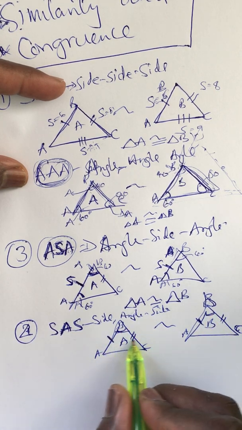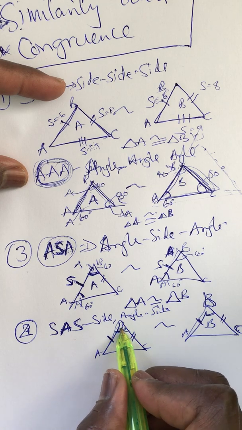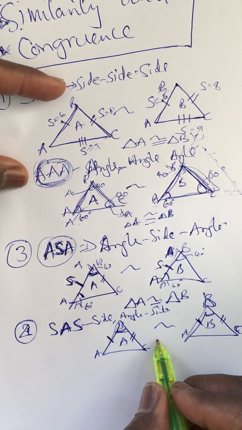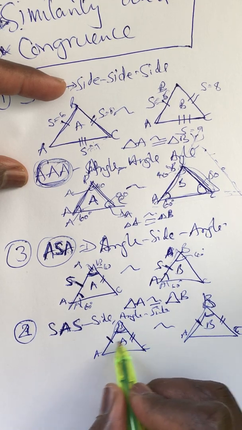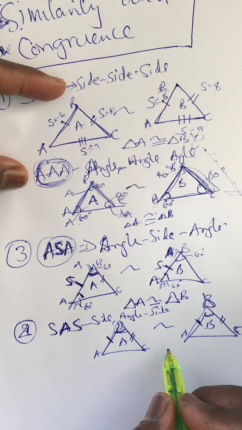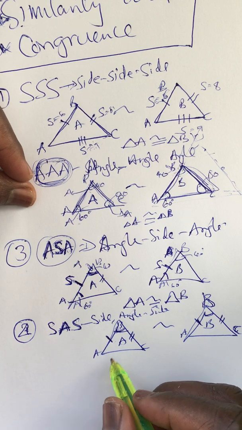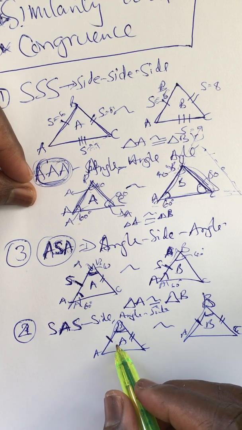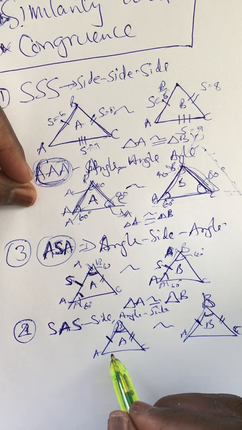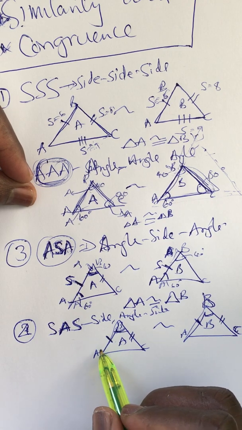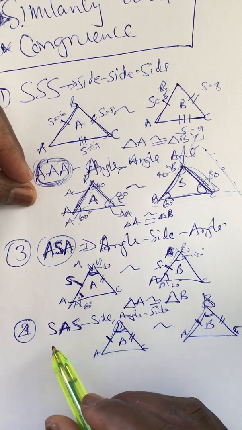So when we have the two sides and the angle between them in each of the triangles, we can say that these triangles are in fact similar. Now, we also want to emphasize the congruency part, which requires us to assign some size.